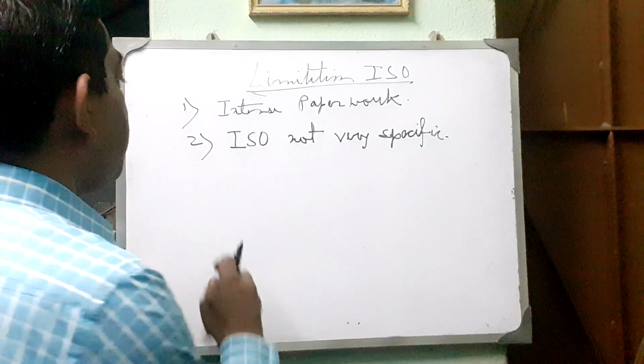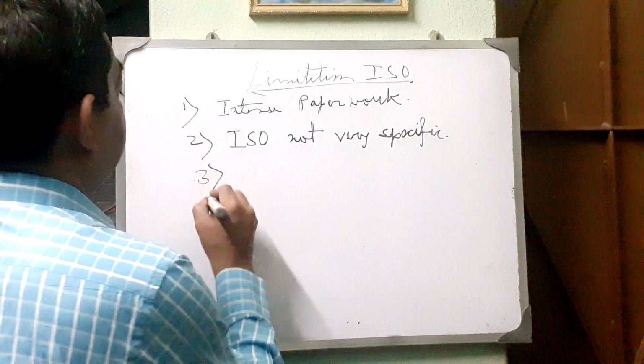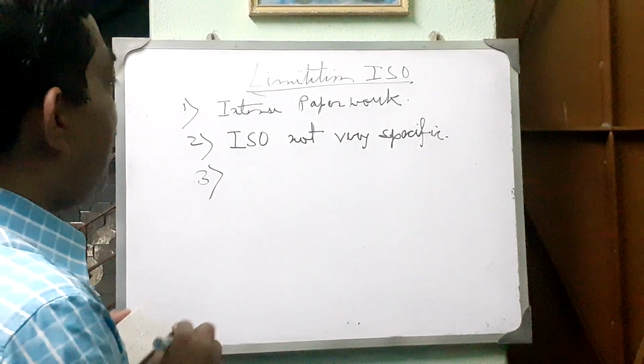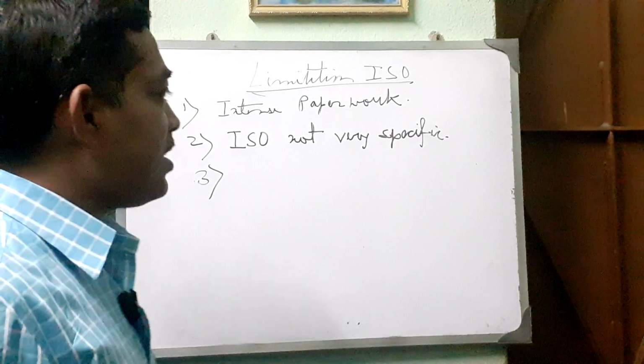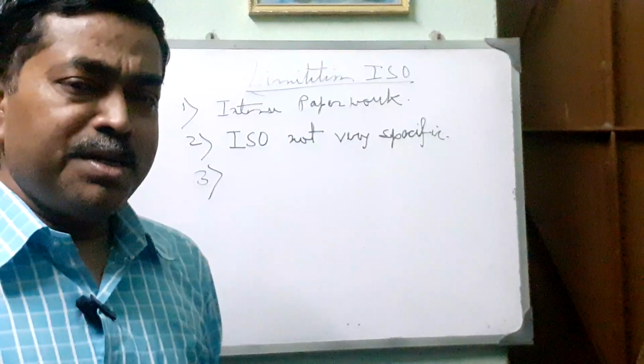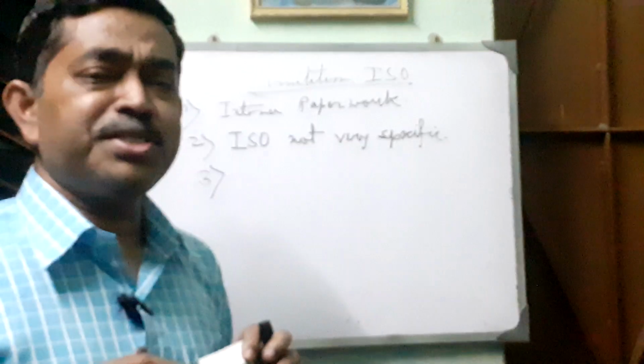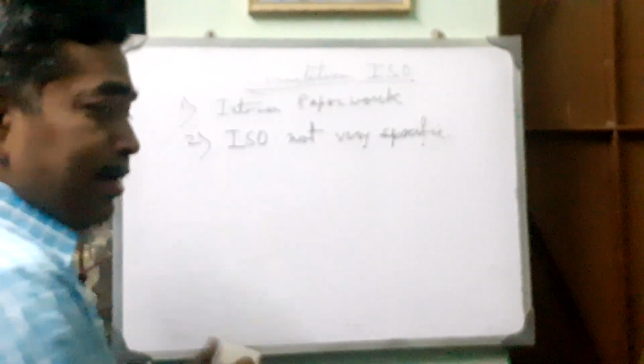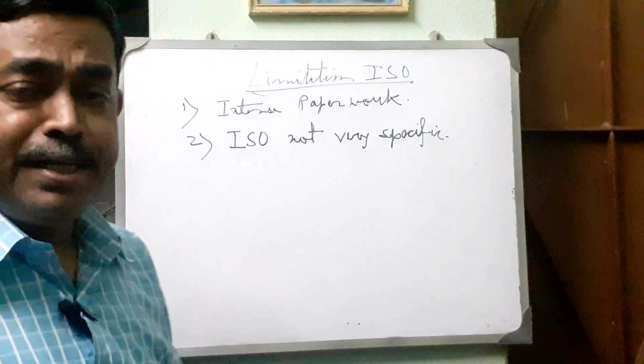And the third one is that it is not very specific, and there is huge documentation for maintaining and implementing ISO in your organization. There should be one different department, other than the quality control department, production department and utility department.